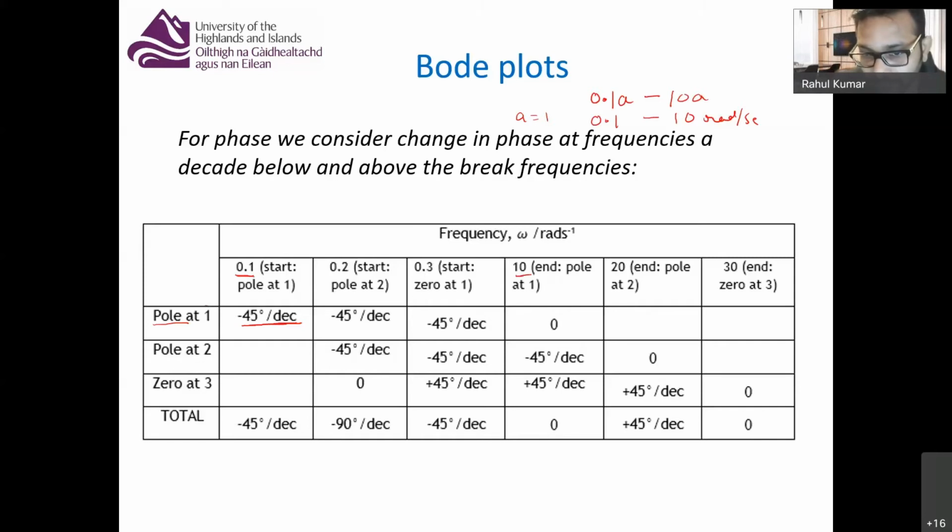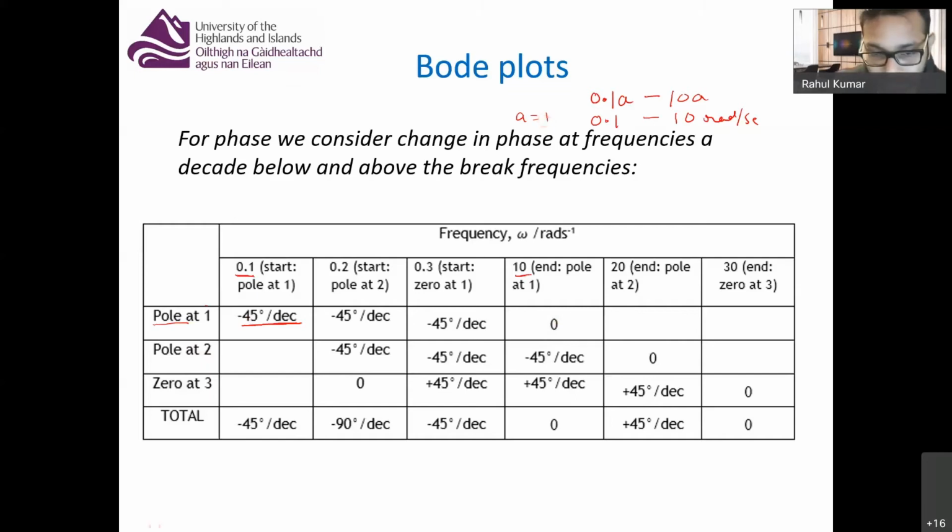So if you look at the first row, you had a slope at minus 45 all the way up to 10 radians. Similarly, the next pole is at 2. So again, you have a pole, so you will have a phase shift of minus 45 degree.